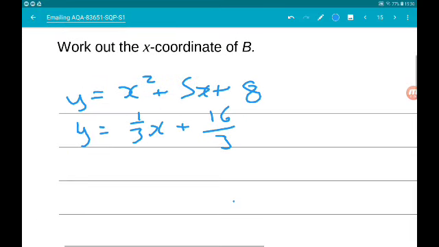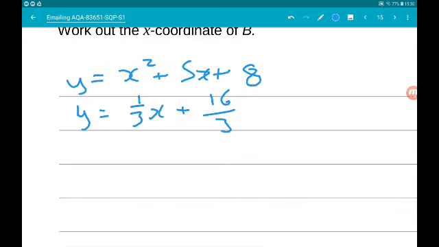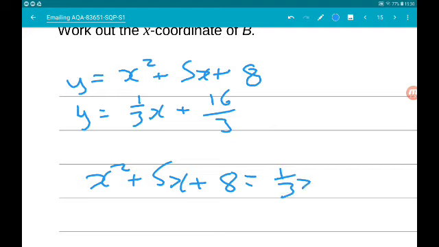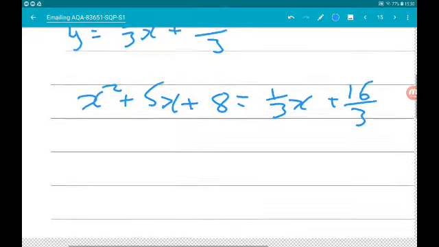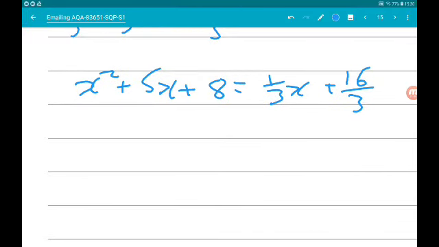So we can say x squared add 5x add 8 is equal to 1/3 x add 16 over 3. Now we need to solve this for x. So let's multiply through by 3.